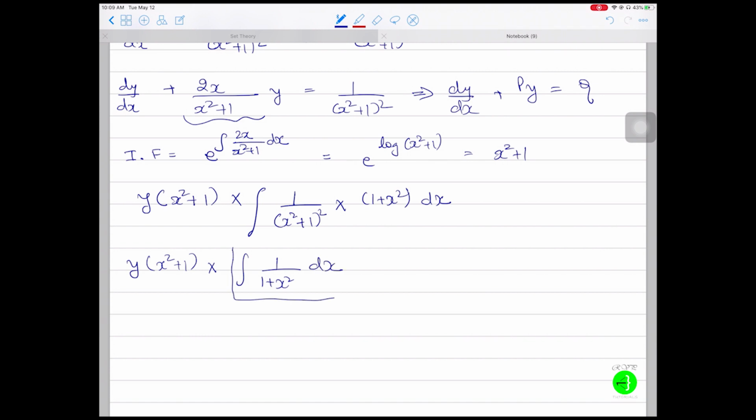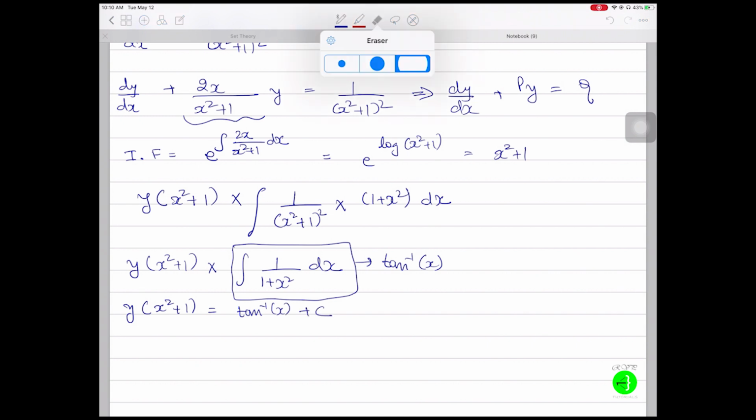So we know the solution is y times (x squared plus 1) equals tan inverse x plus c. Here we don't have a multiplication, we have an equal to, my bad.